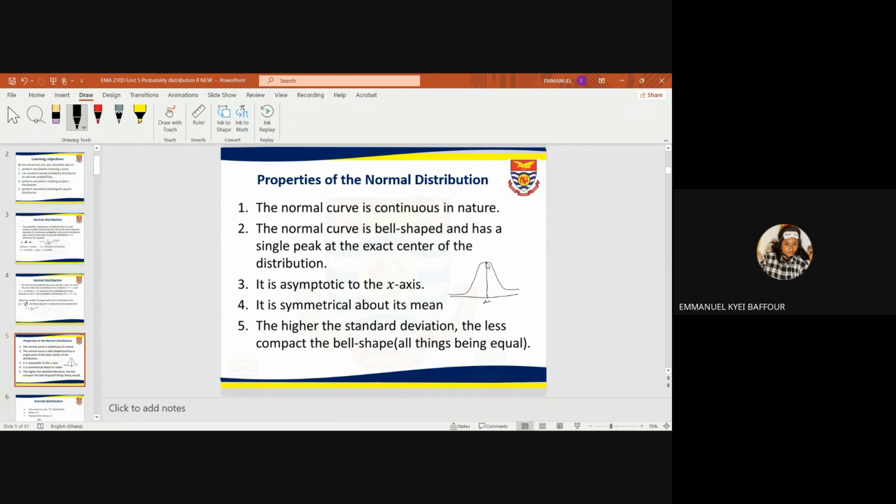It is symmetrical in the sense that the side to the left of the mean is the same as the side to the right of the mean. If you fold this along the mean, the left side will perfectly fit the right side. So it is symmetrical about the mean. And then the higher the standard deviation, the less compact the bell shape is.